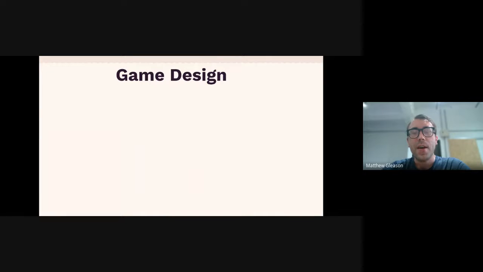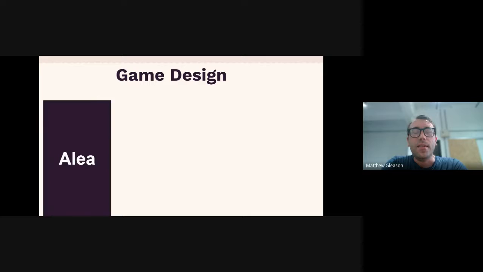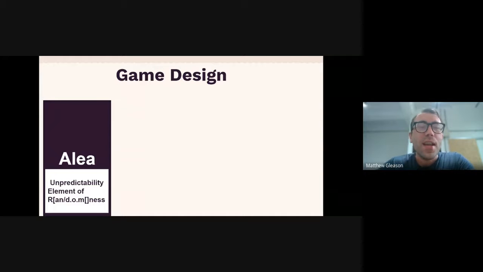And a little bit about game design. We will have a future workshop on gamification, so if you're interested in this topic, it will come up more in the future. Okay. So the first principle of game design is alea, and alea means unpredictability or an element of randomness. When you play a game, it's the suspense and uncertainty that makes it interesting.